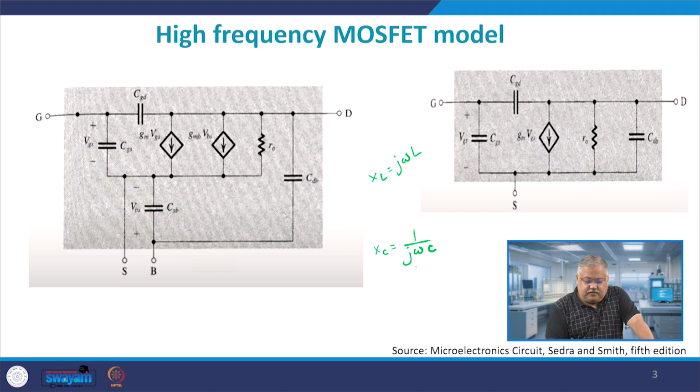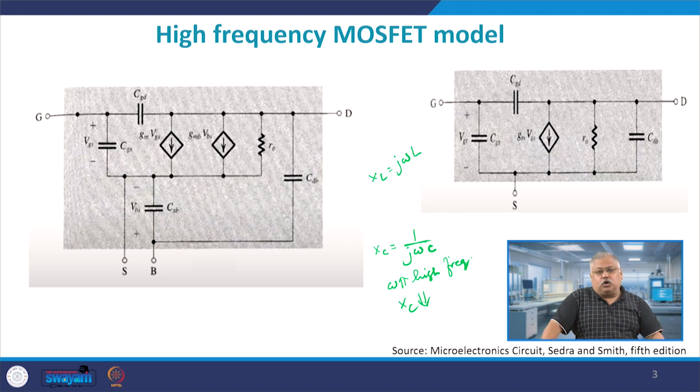At high frequency this omega becomes very large, and as a result XC will fall down. XC falling down primarily means that you are trying to short the device. So, at very high frequency you might see shorting of these capacitances at a later stage. With this basic idea, let us come back to this expression here.